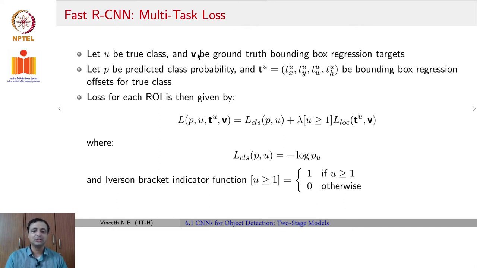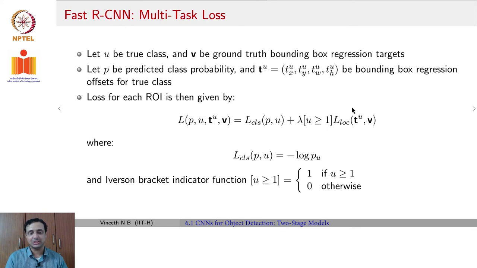So if we assumed that U is the true class and V are the ground truth bounding box regression targets, if P is the predicted class probability and TU are the bounding box regression offsets for the true class, then the loss for each region of interest would be the classification loss plus your localization loss.